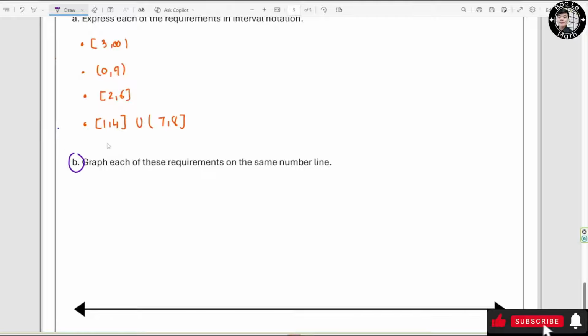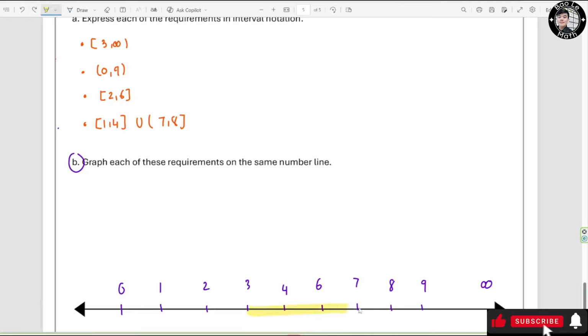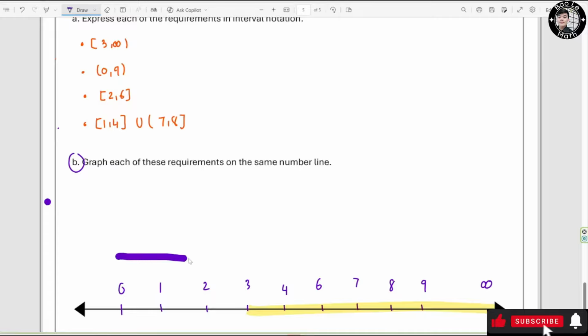Now question B. Graph each of these requirements on the same number line. Now first, 3 to infinity is going to be right here. Second, 0 to 9 is going to be right here. Third, 2 to 6 is going to be right here.